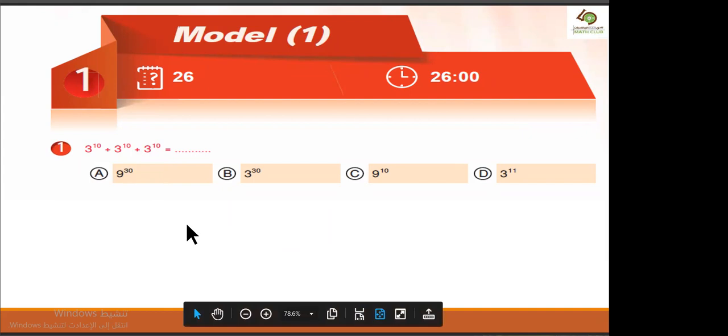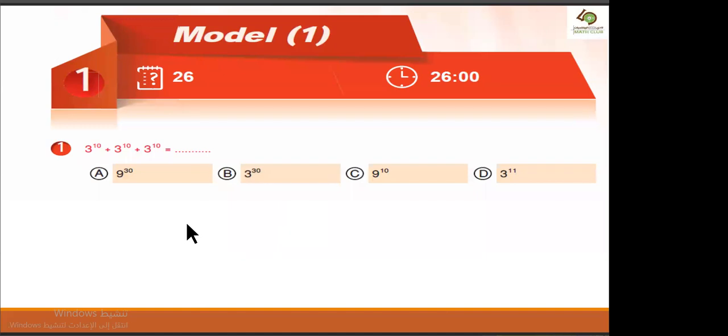Not A, not B, not C, it is D. How do I solve these problems?